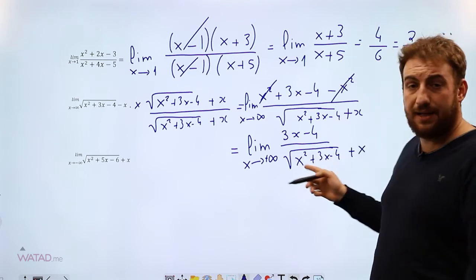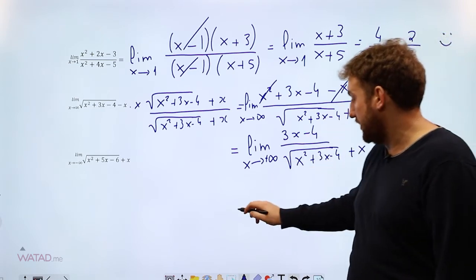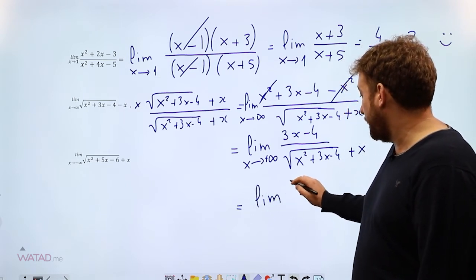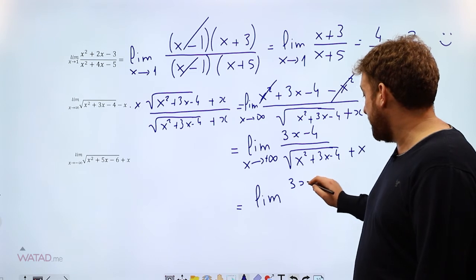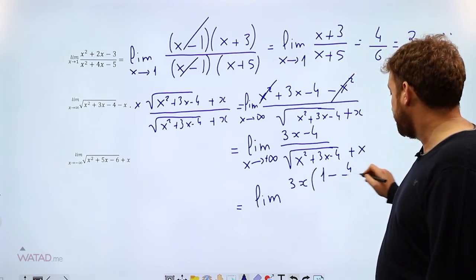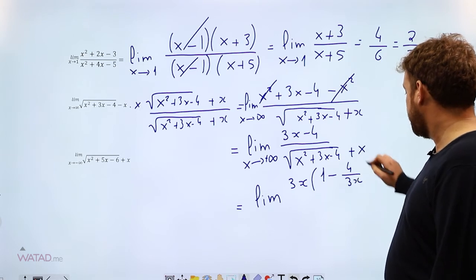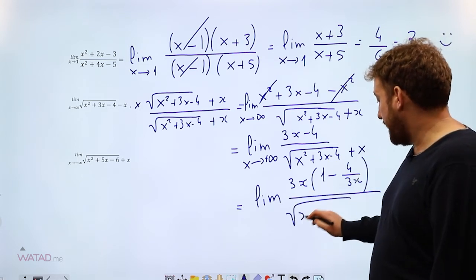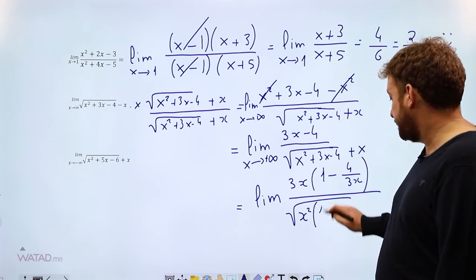Now you see that again you have infinity over infinity. So to remove this IF, what we have to do is to factor out the 3x here, and here to factor out the x squared.